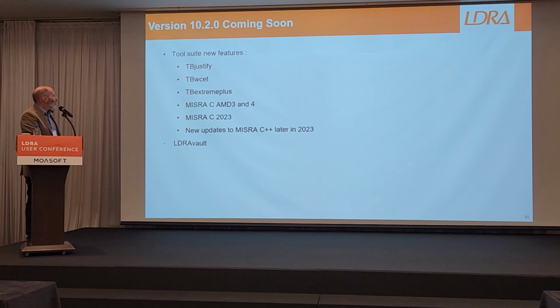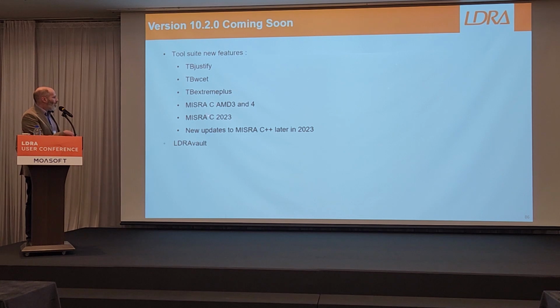We also have the WCET capabilities to enable us to see, is our code suitable to work in a multi-core processor environment. We have additions to TB Extreme Plus to enable us to stress test our code within a sophisticated robustness environment. We can look at and apply the latest versions of the MISRA-C and C++ standards.